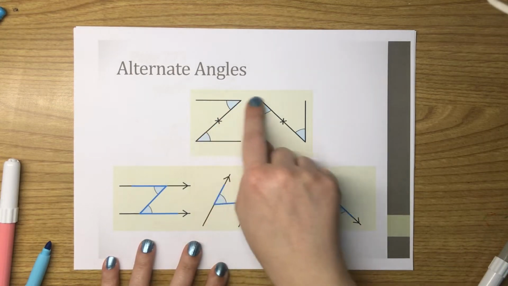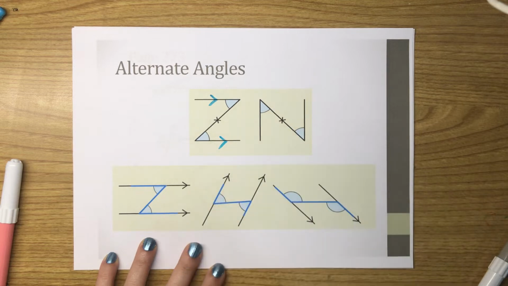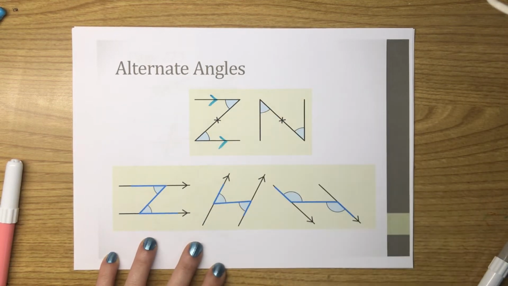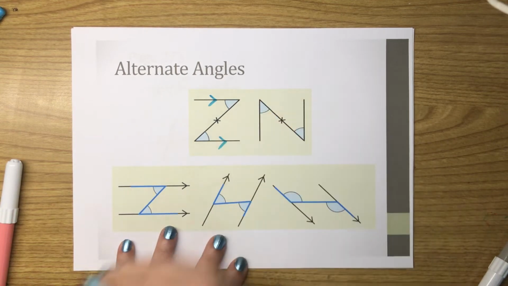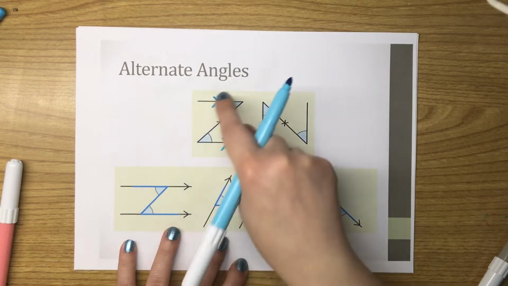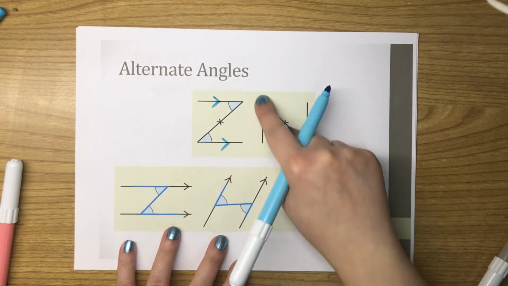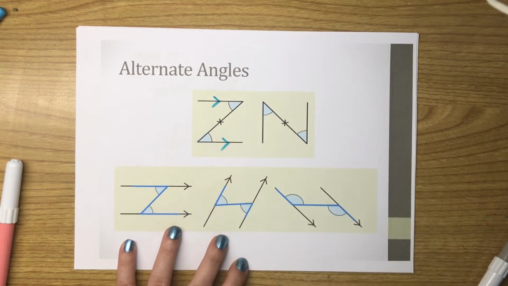When you have two parallel lines, such as these ones, those angles are called alternate, and in this case those angles are equal. They make a shape just like the Z shape, or the N shape. Those are the alternate angles.